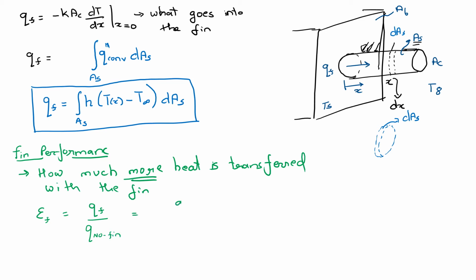So this will be QF, and we can use the formula that we have found here if you have a cylindrical fin, divided by, if there were no fin, your heat transfer rate would have been h times AB, that's the area of the base, times the temperature of the surface minus T infinity. Okay, so this is something to keep in mind.